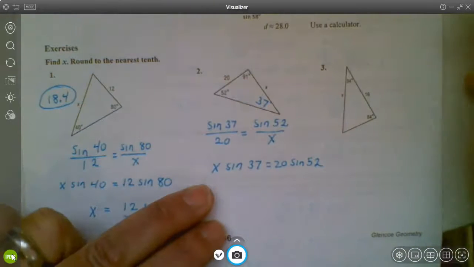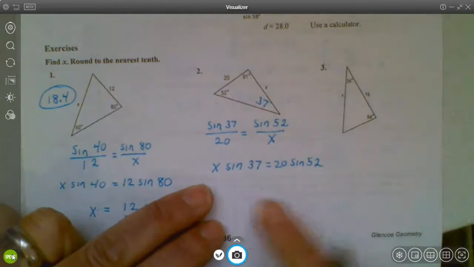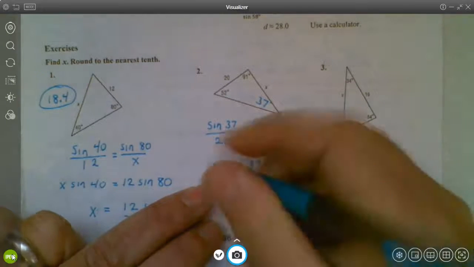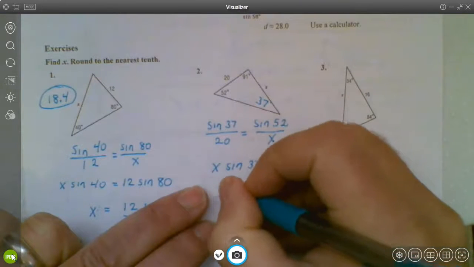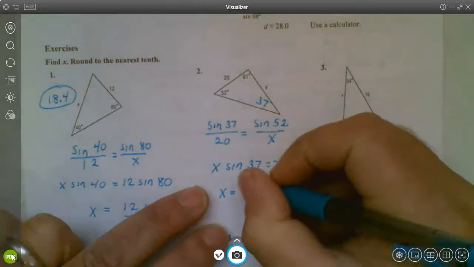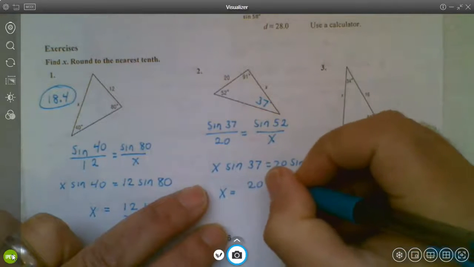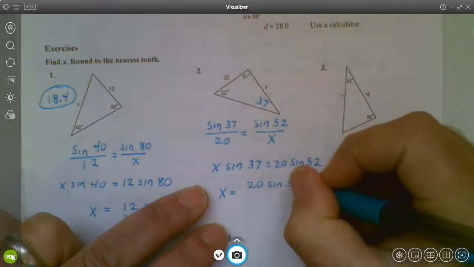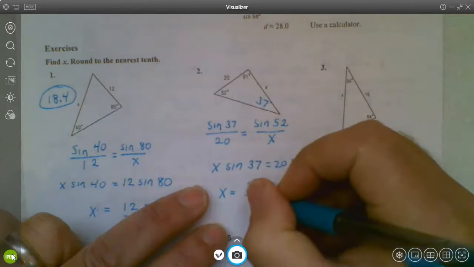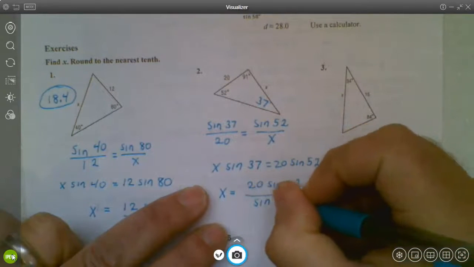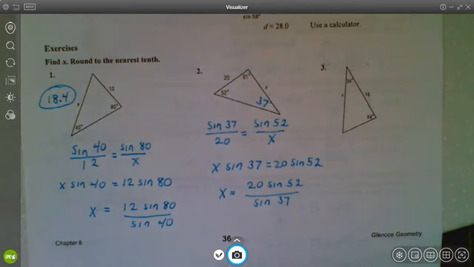So anyway, that's our setup after we cross multiply. I'm going to divide this over to get x by itself. So 20 sine 52 over sine 37. So there's our setup. That's how it's going into the calculator.